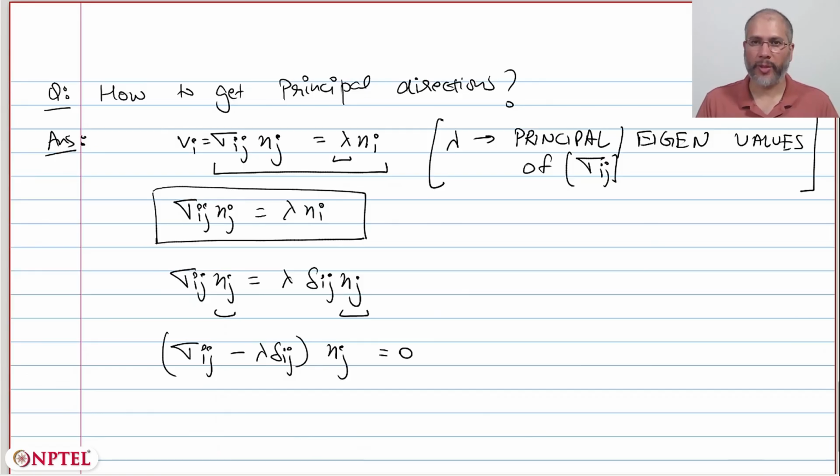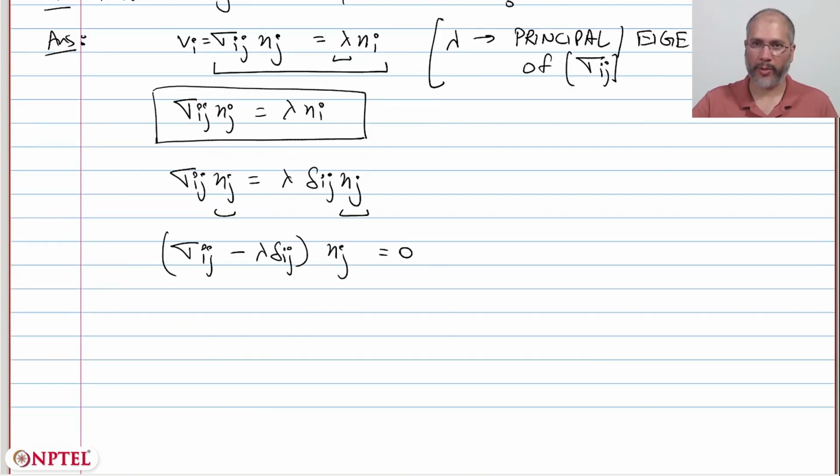You may have seen this equation in linear algebra. In fact, let me write the symbolic notation as well, which may seem more familiar. And this equation is a null space problem.